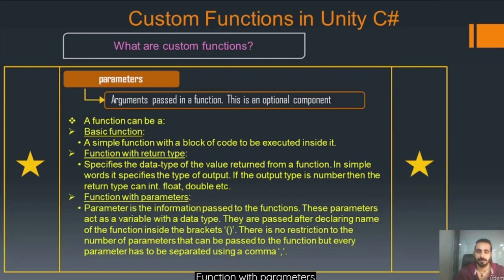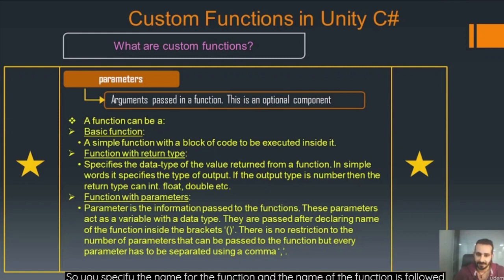Function with parameters. Parameters is basically the information passed to the function. These parameters act as variables with a data type. So this data type could be int or a string, etc. They are passed after declaring the name of the function, inside the brackets.